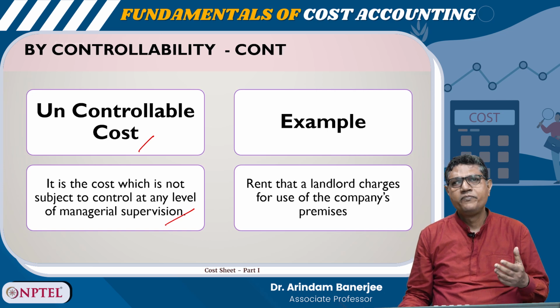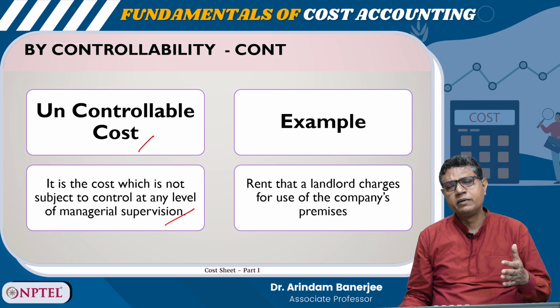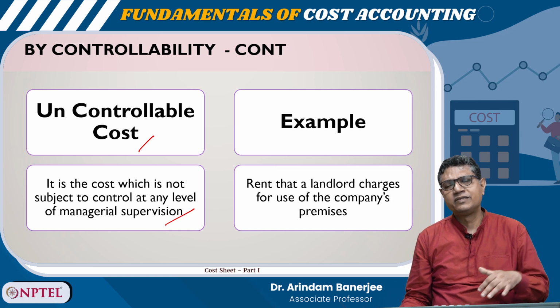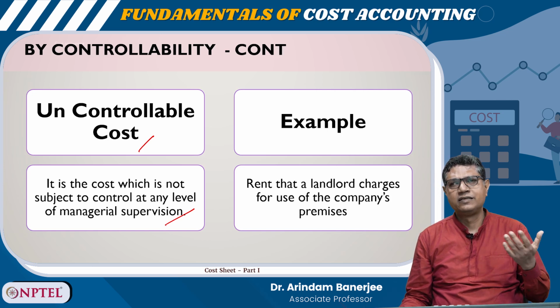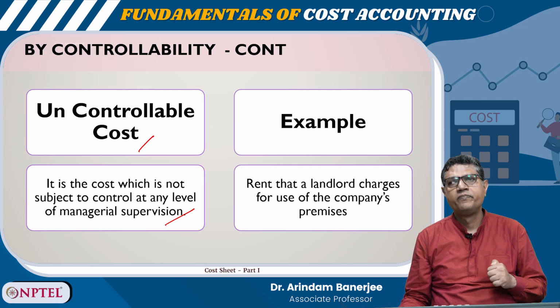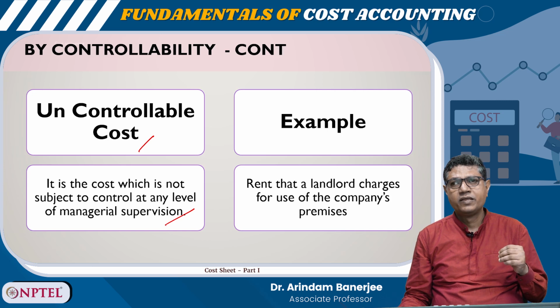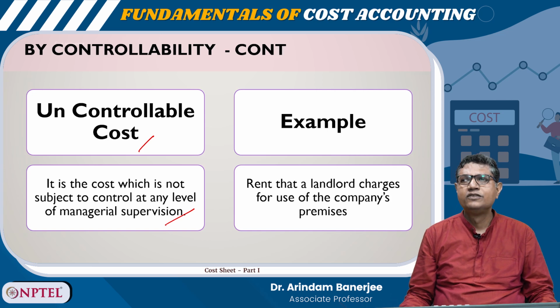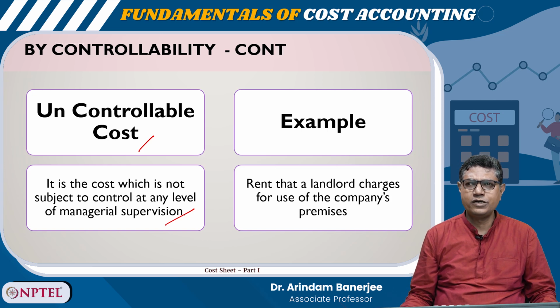Within this period the company may go through several cycles, sometimes boom, sometimes recession, sometimes high income, sometimes low income. But the company cannot stop paying the rent. So, this is a kind of uncontrollable cost. This cost I have to pay whether I am earning or not earning, if I remain in position. So, these are called uncontrollable costs.